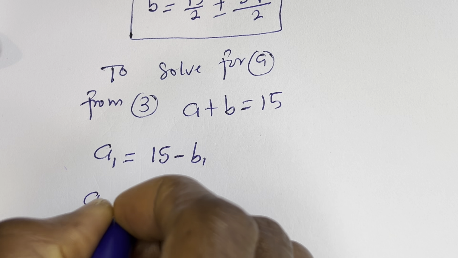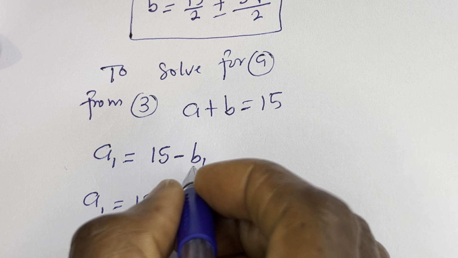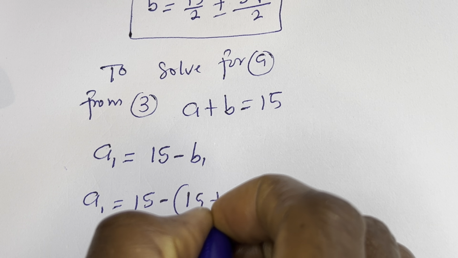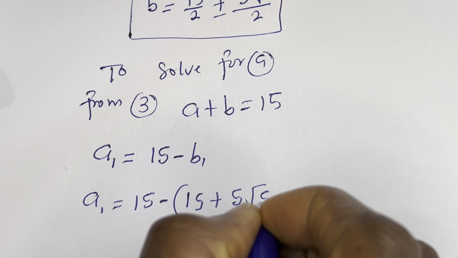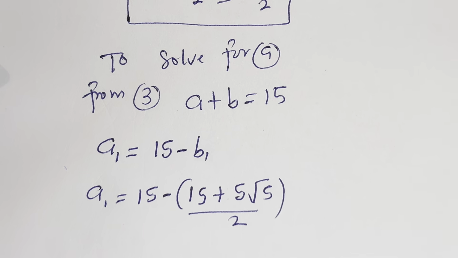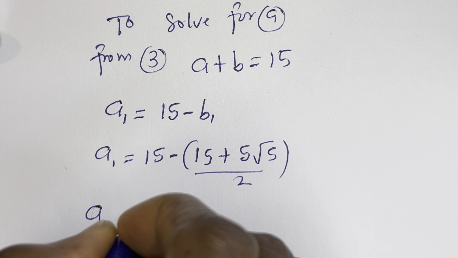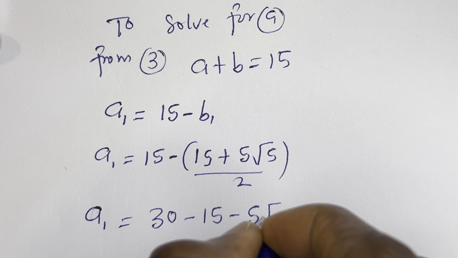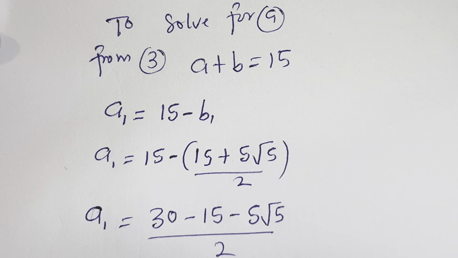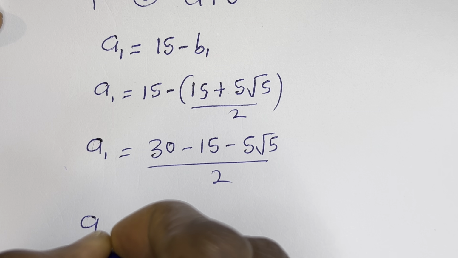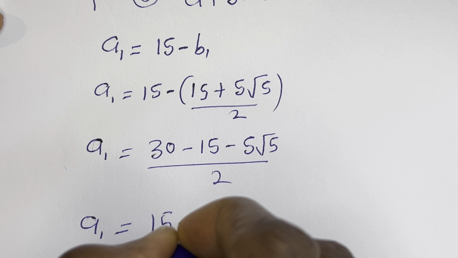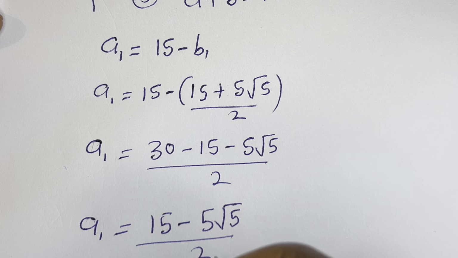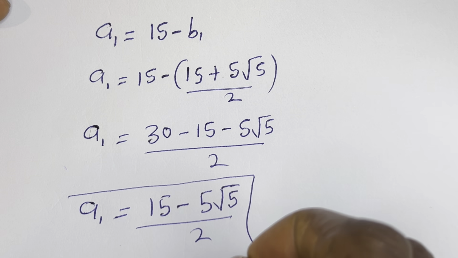Now a1 is equal to 15 minus b1, is 15 minus 15 plus 5 root 5 over 2. a1 is equal to 30 minus 15 minus 5 root 5, everything over 2. a1 is equal to 30 minus 15, this is 15, minus 5 root 5 over 2. This is the value of a1.